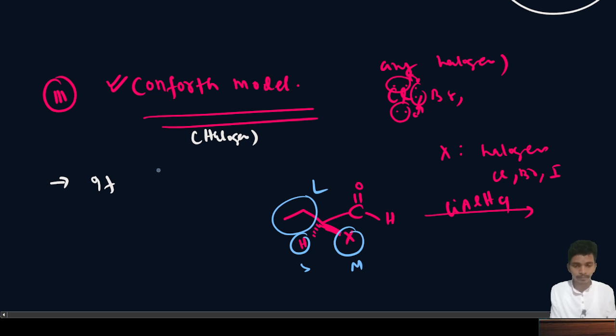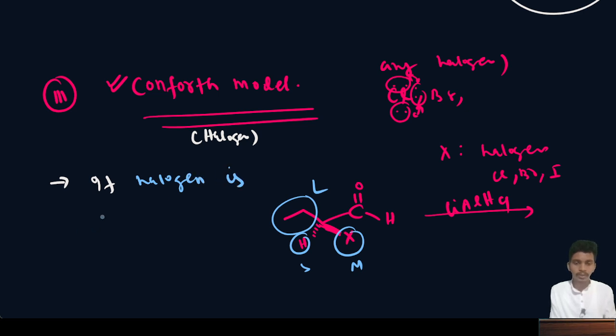So if the halogen is anti, it will never be on the same side, because if the halogen is near the carbonyl group, repulsions will happen. So X will always come anti to this group.